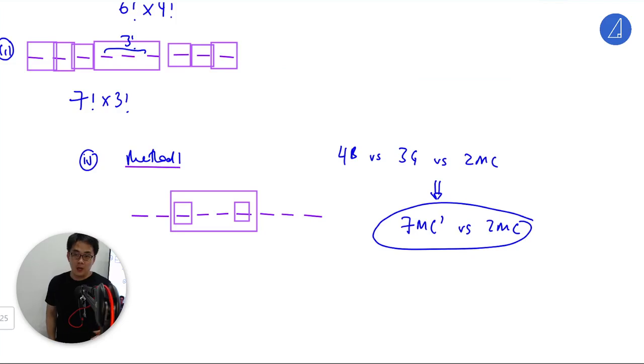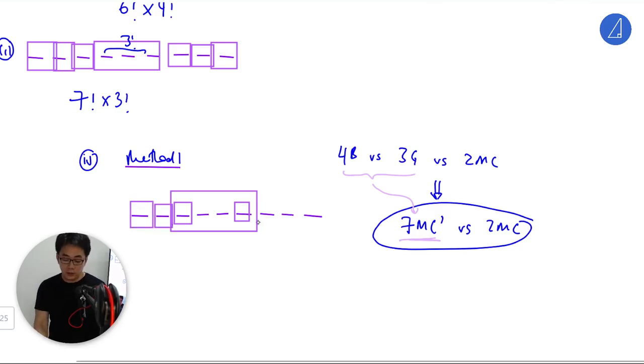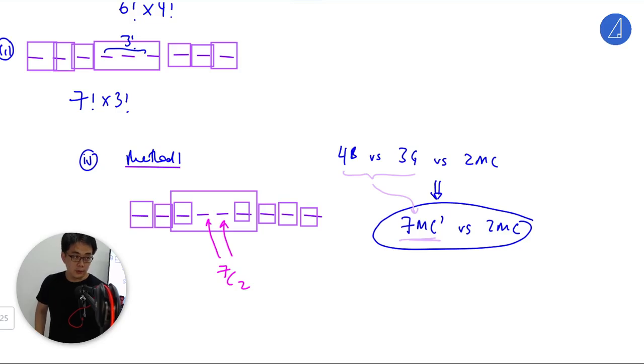You will need to do this kind of thing, where you group the non-MCs as 7. Then it's much easier, because whether it's a boy or girl is irrelevant, right? We just want to know who are the two people sitting in between. That's all. So you need to choose. So 7 choose 2 is definitely one of the things here, because to choose the 2 lampposts here is 7 choose 2.